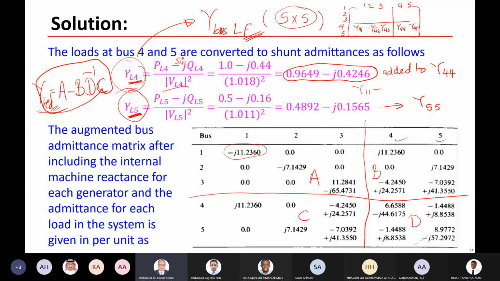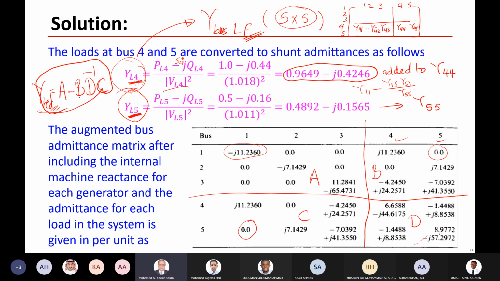This is the pivot column, and this is the pivot row, and the pivot element here. So Y11 minus 0 times 0 over this value, times Y15, Y51 over Y55. So this is why we have here Y15, Y55 inverse, Y51.